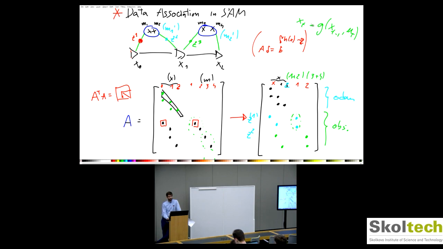We need to match the current position with the previous position after executing some action. So there's no landmark here, right? This is independent of landmarks. So that's why you don't have here any element that is non-zero. All of them are going to be zero because this is independent.